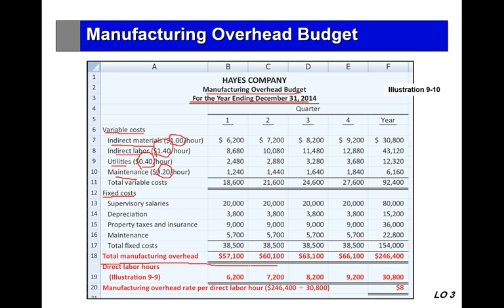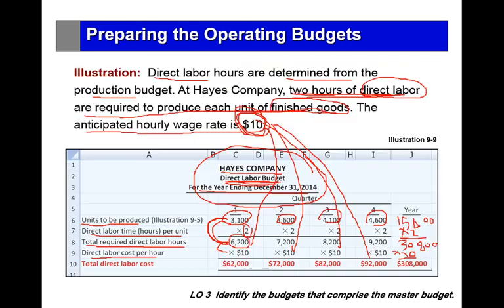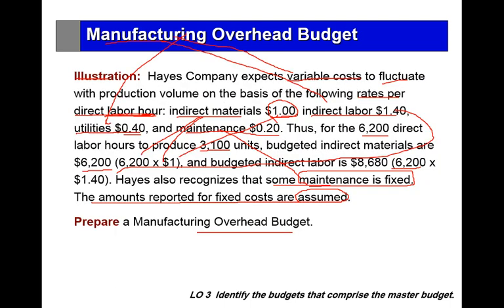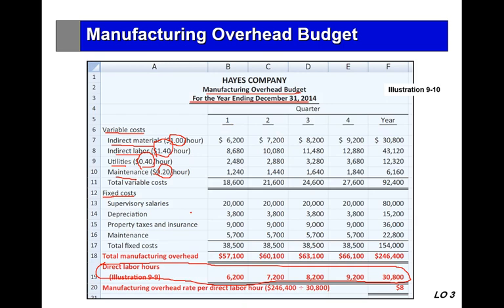At the bottom of the report, we have direct labor hours, which come from where? From the direct labor budget. We copy them and paste them where? In the manufacturing overhead budget here: 6,200, 7,200, 8,200, 9,200.